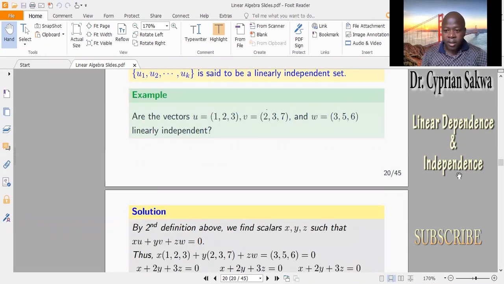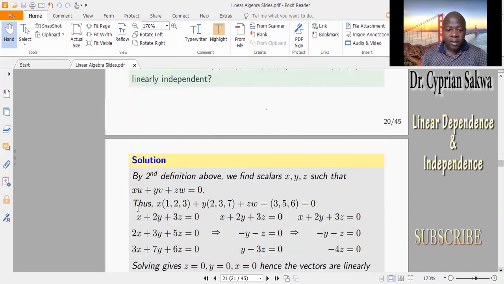In our second definition, remember that we want to obtain scalars x, y, z, such that x times u plus y times v plus z times w will give us 0. If these scalars x, y, z exist and are not all 0, then the vectors will be linearly dependent. But if they are all 0, then the vectors will be linearly independent.